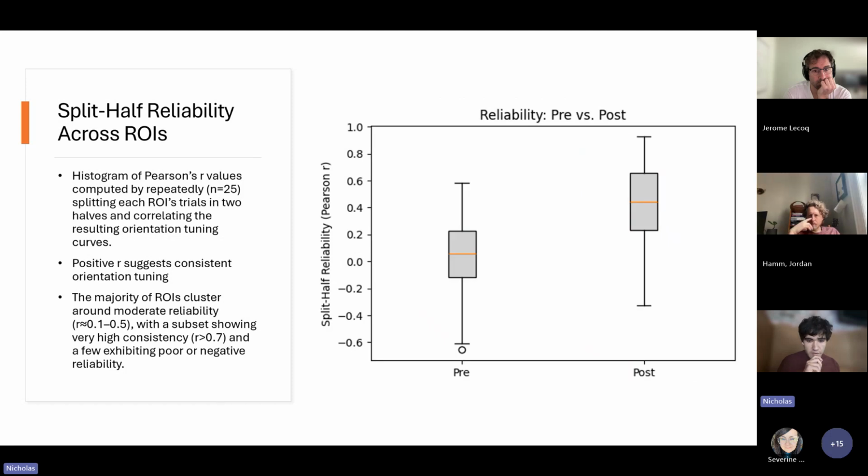And this is the same figure, but presented in a box plot format.